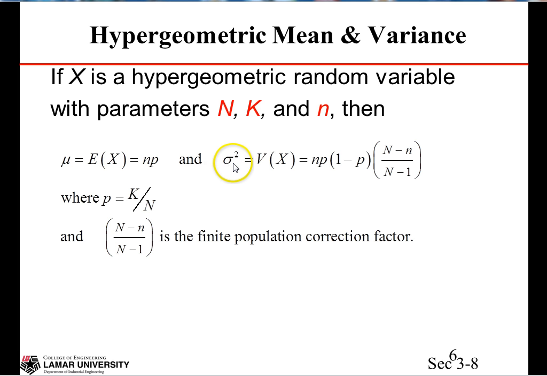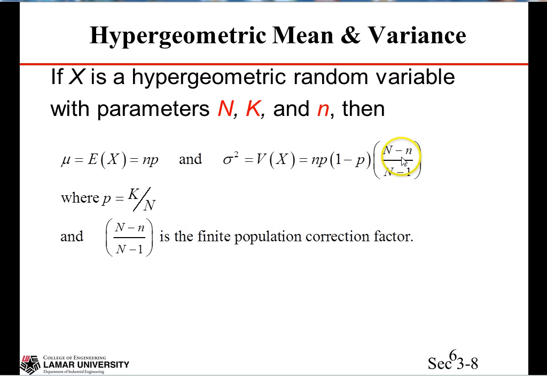And the variance for the hypergeometric distribution is also somewhat similar to the binomial. You can see the first three terms in the equation, n multiplied by p multiplied by 1 minus p, is the variance of the equivalent binomial problem. For the hypergeometric, you need to multiply by a term, capital N minus lowercase n divided by capital N minus 1, and this is a finite population correction factor.